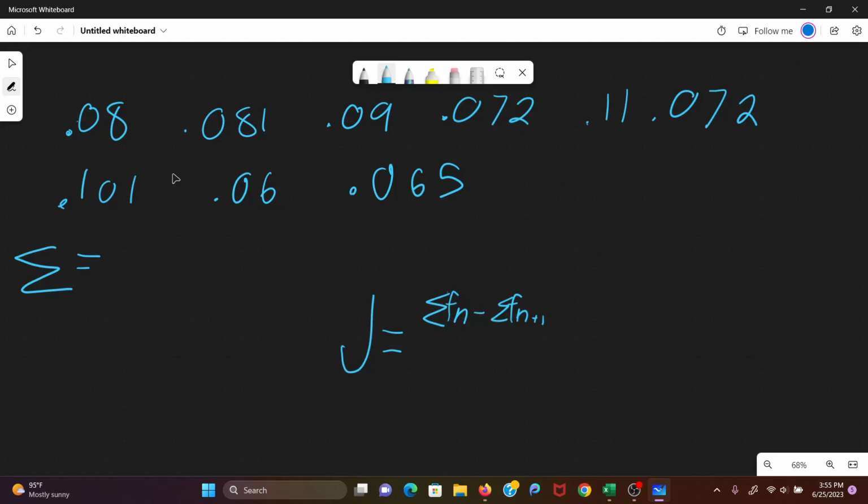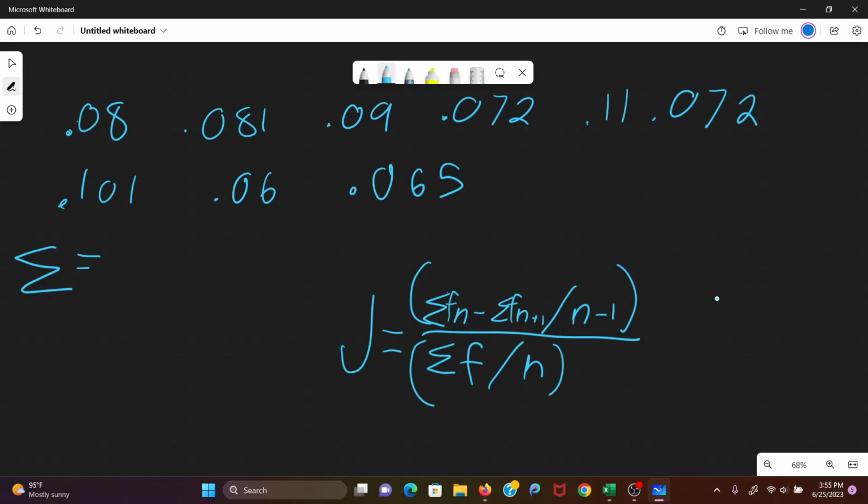This is each number, and this is each successive number, n plus 1. So if you started with 1, it's 2. So n minus n plus 1 is right here. That's going to be divided by n minus 1. And then we're going to divide all that by the sum of each frequency spacing over n. That's our formula.